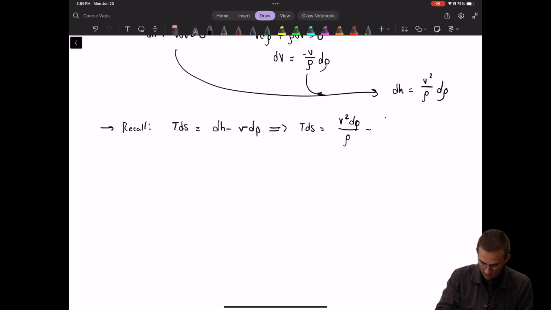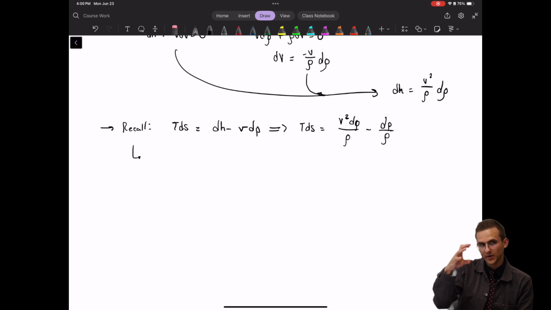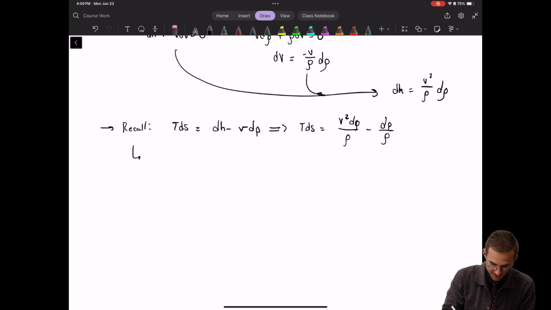minus dP over rho. Okay. So now let's look at this relationship at 2 points above and below the limiting point. What I mean is we're going to be in the neighborhood of the limiting point.